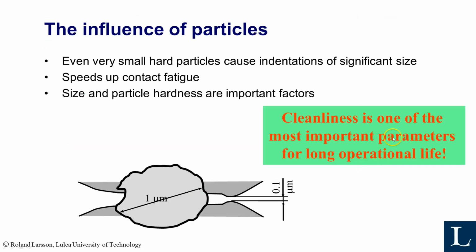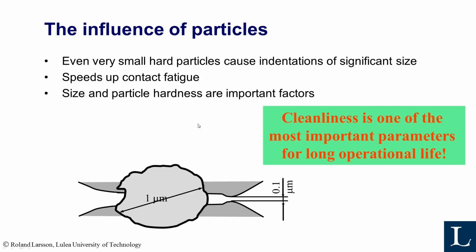And finally, a few words about particles. We haven't really discussed this before, but of course particles are a big issue in EHL, and whether it should work good or bad.